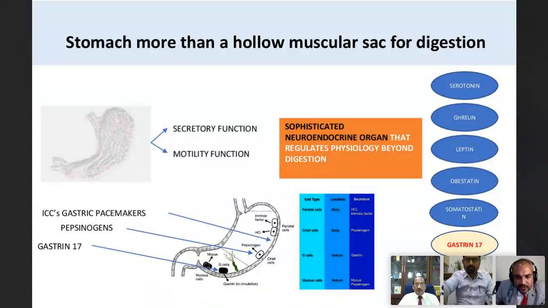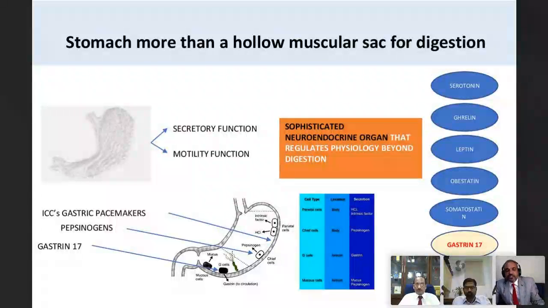Pepsinogens are precursors for pepsin. Those are zymogens, which are released by chief cells. And this release of HCl is very highly orchestrated and involves feedback mechanisms where two major hormones are involved: one is gastrin 17 and the other is somatostatin.